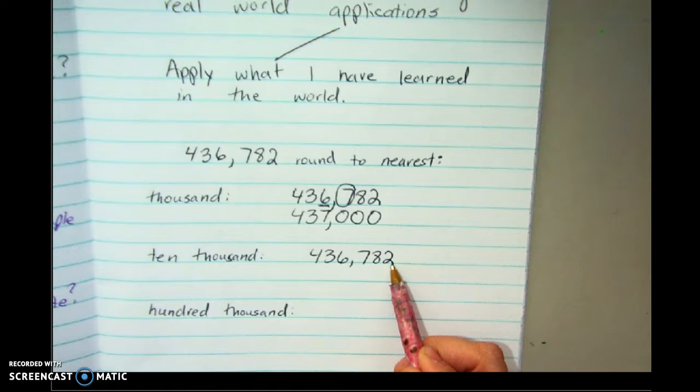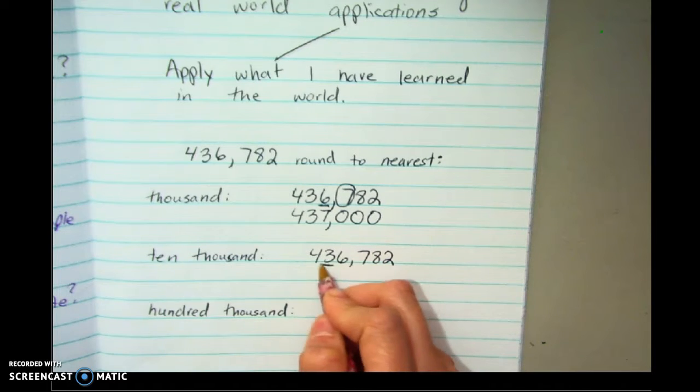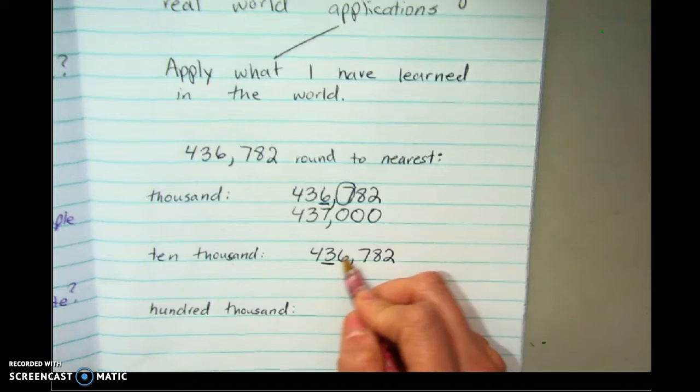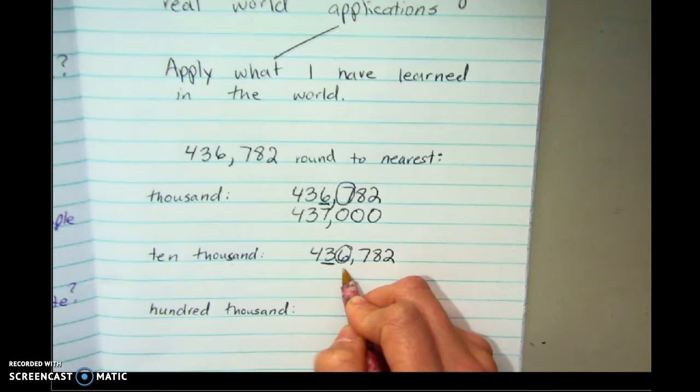So I count it. Count with me. Ready? Ones, tens, hundreds, thousands, 10,000. This is my 10,000s because I'm going in the 10,000s. So I will use my thousands. I circle it because I know it's going to become a what? 0.